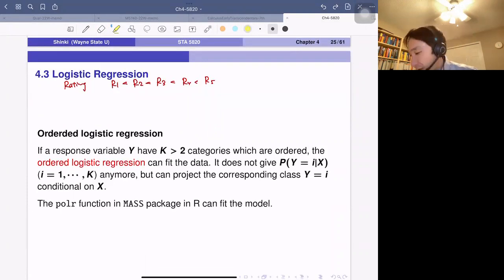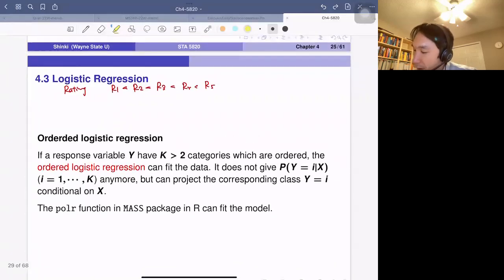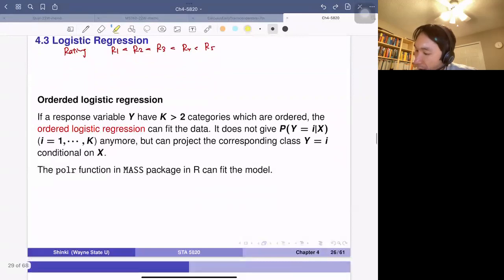Or you are, for example, doing something about order. In many sports, for example, a ranking is released, so we can order the observations. Suppose the response variable is ordered, not continuous, but ordered. Then what can we do?